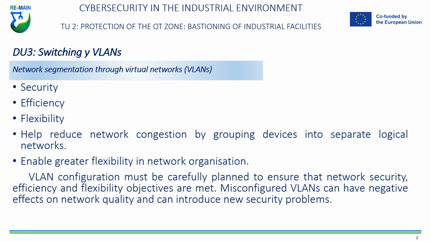Creating the VLAN. A VLAN must be created with a unique ID number and a descriptive name. Assign ports. Switch ports must be assigned to the appropriate VLAN. Ports can be assigned to a single VLAN or to several different VLANs. Configure VLAN trunking.